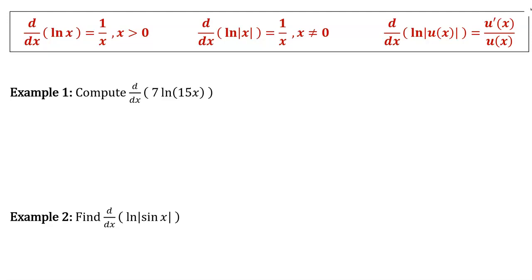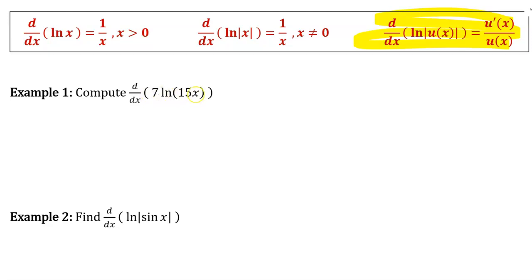The easiest one I know of is that the derivative of ln x is 1 over x. If you want to do the chain, which is this third one here, we can if we need to, which we do in this first one.